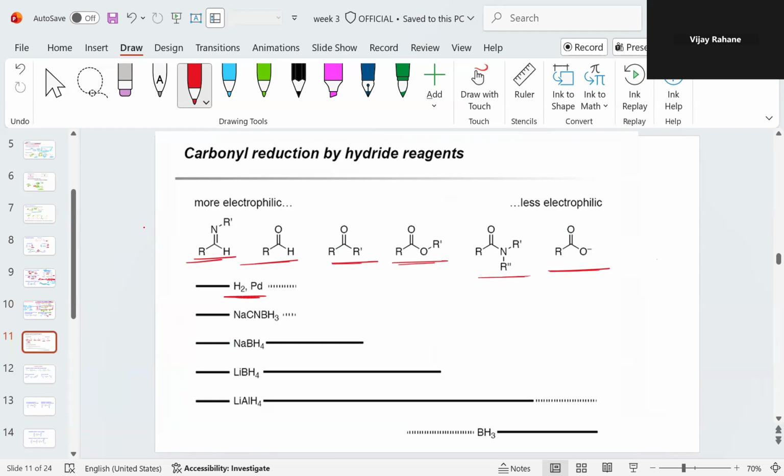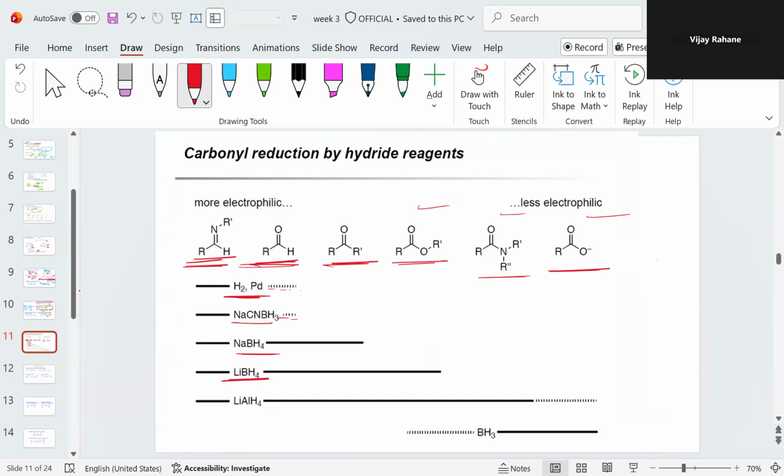H2 and palladium generally reduce the imines and some reactive aldehydes also. Sodium cyanoborohydride will selectively reduce the imines and aldehydes, but not all aldehydes. The dot means if the aldehyde is reactive, only then it will reduce. NaBH4 reduces the imines, aldehydes as well as the ketones, but doesn't react with the ester, amides or carboxylate anion.